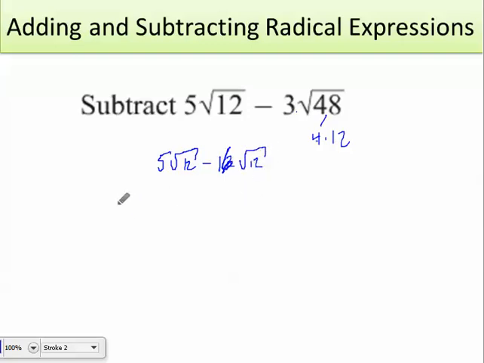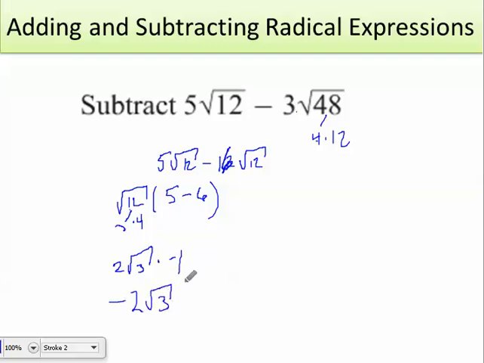I'm going to pull the square root of 12 out and have 5 minus 6. Okay? And this is going to break down into 3 times 4. So what I'll wind up with is 2 times the square root of 3 times negative 1, or negative 2 square roots of 3. That's what I would get in my final answer.